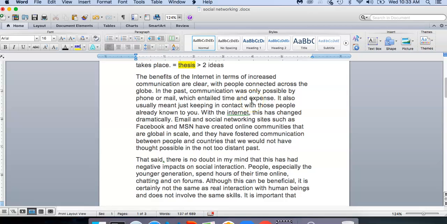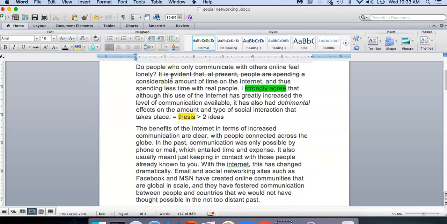Let's stop here. Okay, so this is actually a little bit confusing because they're talking about negative effects, but here they're talking about the benefits of the internet. And sometimes people do that, like even though their position, let's say, would be negative effects, they also address or talk about the benefits.